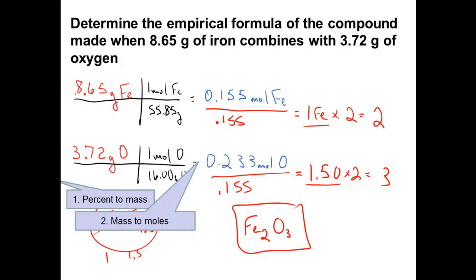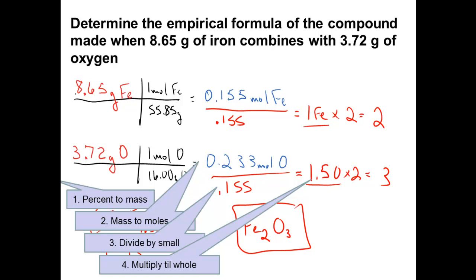Step 2, mass to moles: convert the mass of each element to moles of that element. Step 3, divide by the small. And step 4, if you need to, multiply till whole. Percent to mass, mass to moles, divide by small, multiply till whole. And have fun.